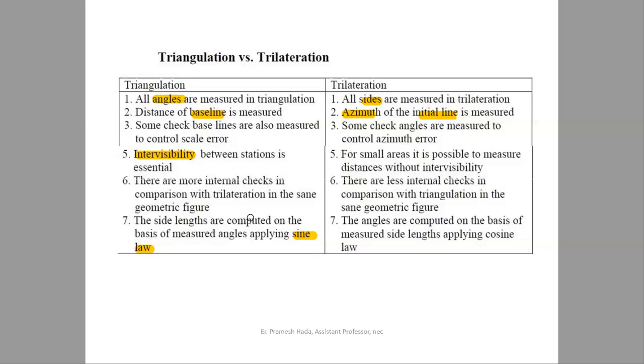For that purpose we use a definite trigonometric relation, that is sine law. We have already discussed that. And in case of trilateration the angles are computed on the basis of cosine law. This cosine law is used for the calculation of angles once we have calculated the side lengths of the triangle.